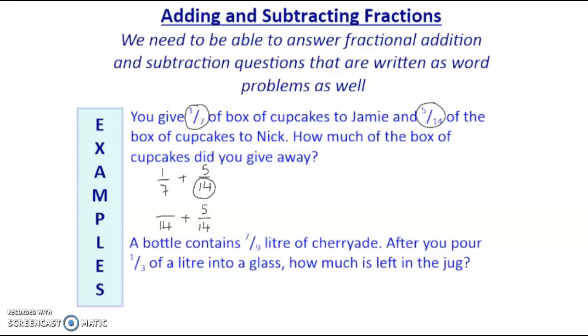Yeah, it is 7 times 2, and whatever I do to the bottom I also do to the top. So on the top of that fraction I have 1 times 2, which is 2. I've now got a much easier version of the question, and I can do 2/14 add 5/14, and that gives me the answer 7/14. I gave away 7/14 of my box of cupcakes.